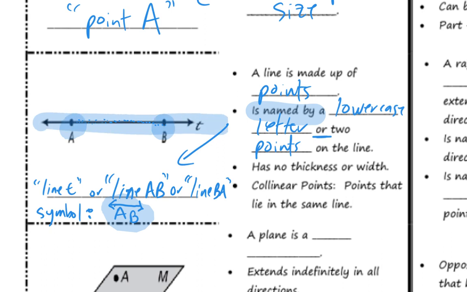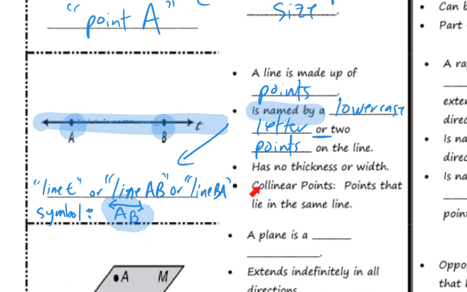We can also just call it by its name: line t, line AB, or line BA. It has no thickness or width. I know you see it over here, but we have to imagine that it's just in our imagination, something we're seeing in our head.